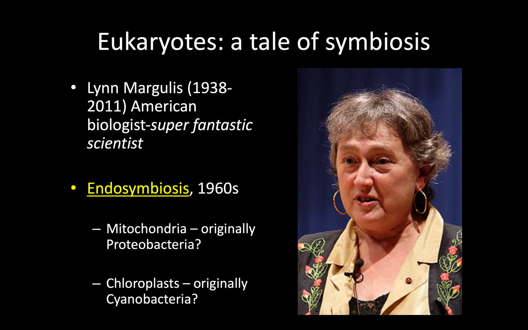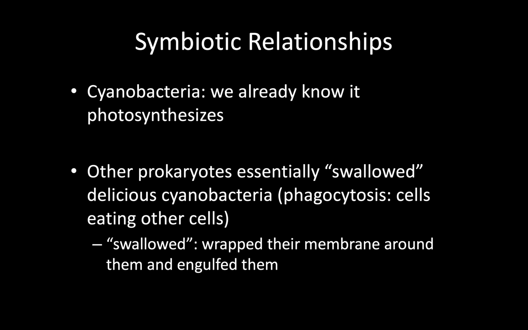And her original hypothesis, which has been supported by multiple tests on the order of thousands to tens of thousands of scientific inquiries, suggested that perhaps some of our organelles were actually their own prokaryotic cells in the first place. So mitochondria and chloroplasts are the two big examples. You don't need to know their proteobacteria, their cyanobacteria name, but you do need to remember at least the word mitochondria for me, and certainly endosymbiosis.